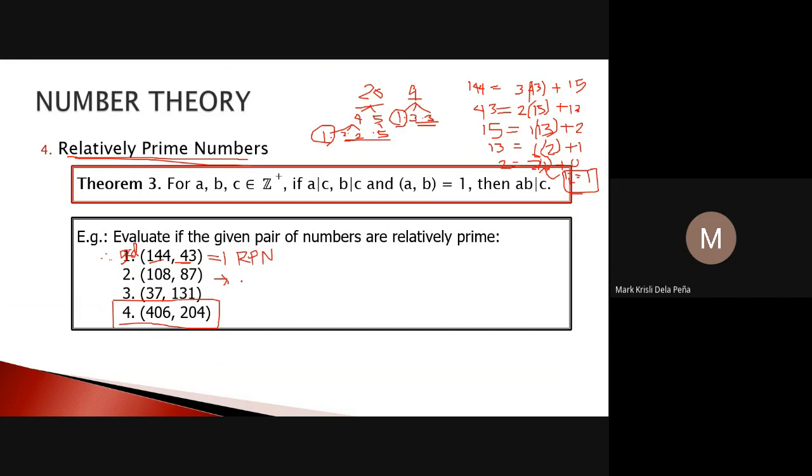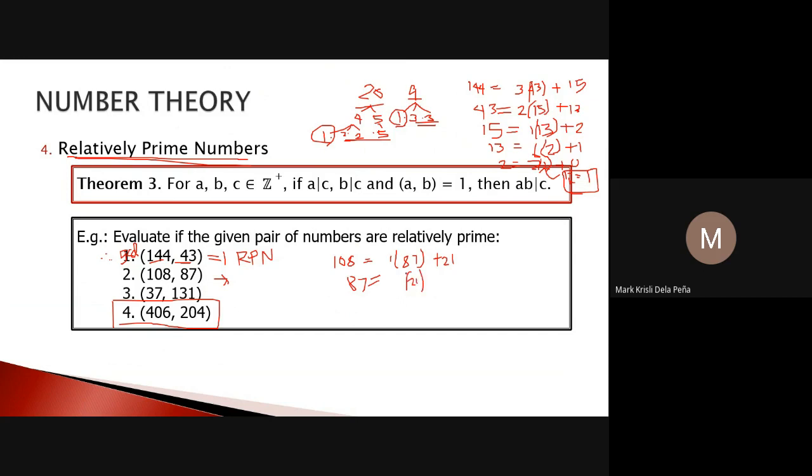For number 3, they are not relatively prime. Why? Because if we show the solution, we have 8, 7, this is 1. The remainder will be 21. 8, 7, 21.